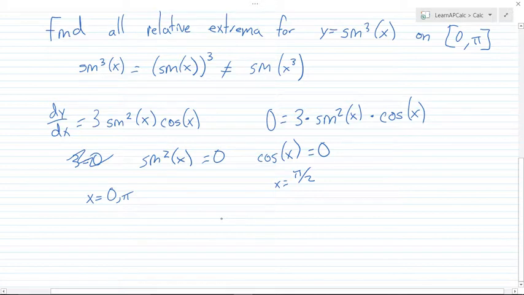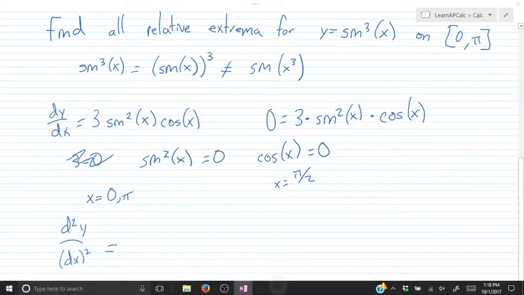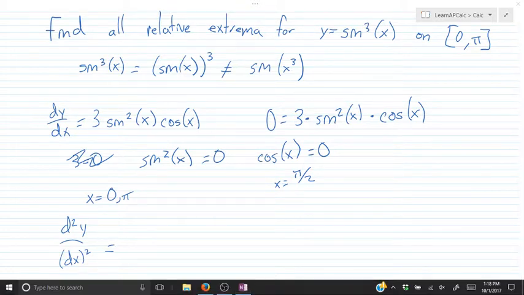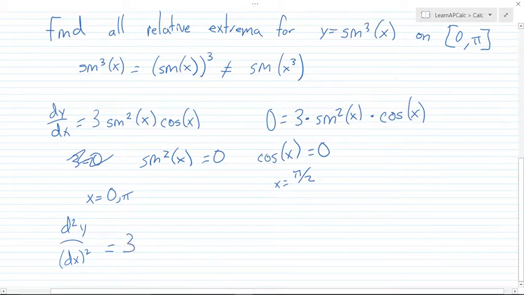Okay. So now we need to do our derivative tests, and for the sake of this live stream, we just covered the second derivative tests. We will do that. So first we have to find our second derivative, and here we have to do the product rule. So sine squared x times cosine x is really what we're doing here.